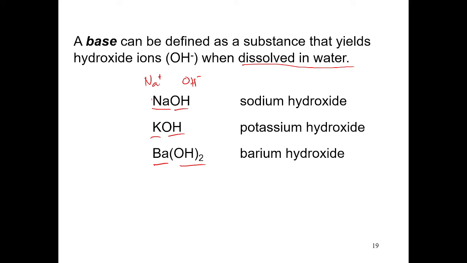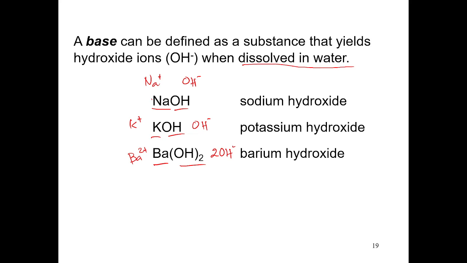Same goes for potassium hydroxide. We will have here our K plus and OH minus. And for barium hydroxide, we will have here barium, which is 2 plus, and we will have here two hydroxide ions. Okay, so that is how bases happen.